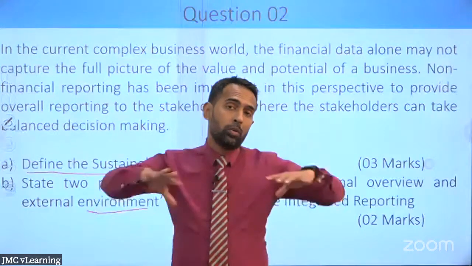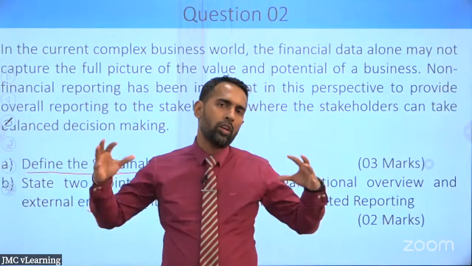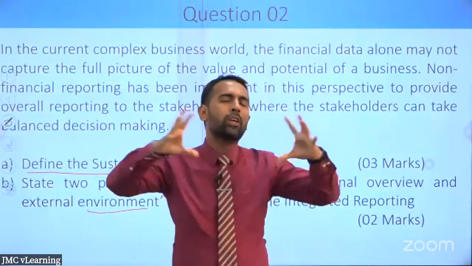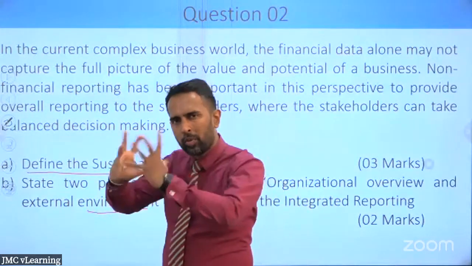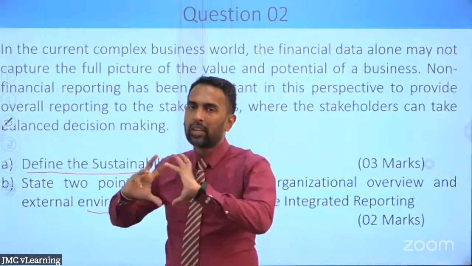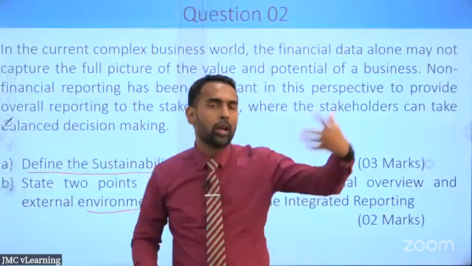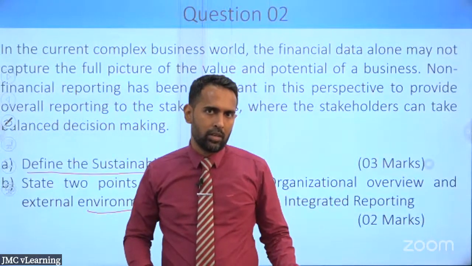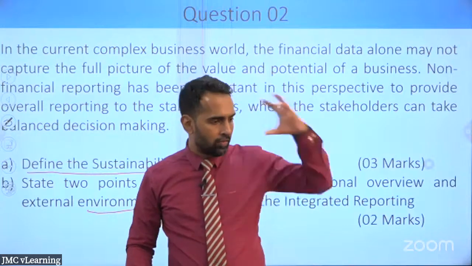Then after sustainability reporting, we went another step further to integrated reporting. Integrated reporting is about the entire value creation of the business. What is the value we created to the human capital? What value is created from the intellectual capital, the natural capital, and our financial capital?